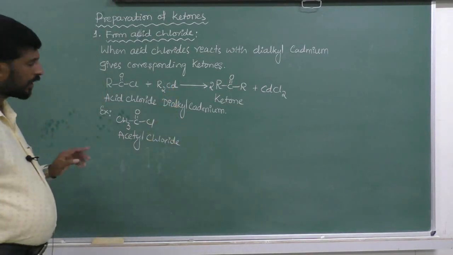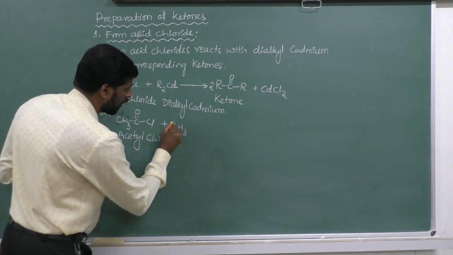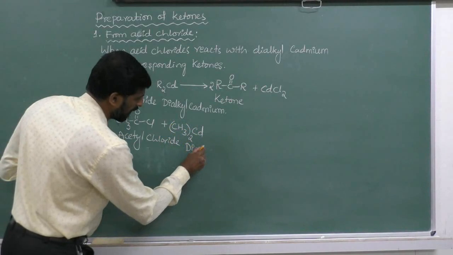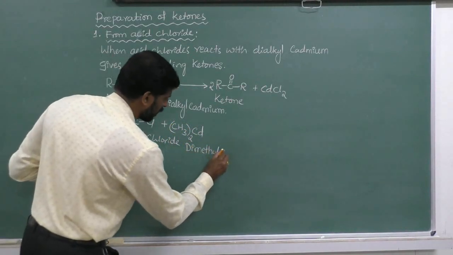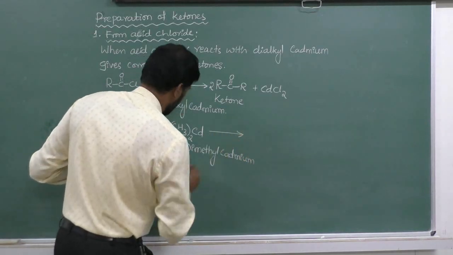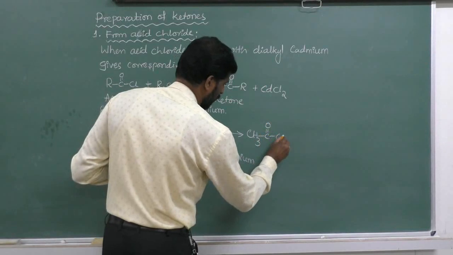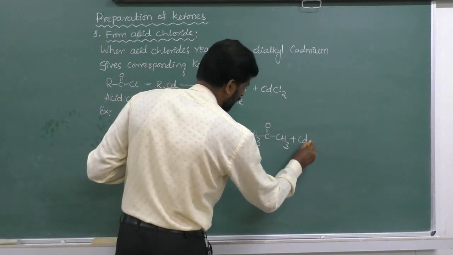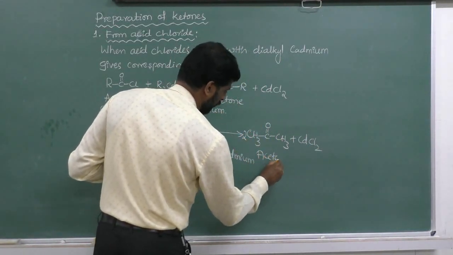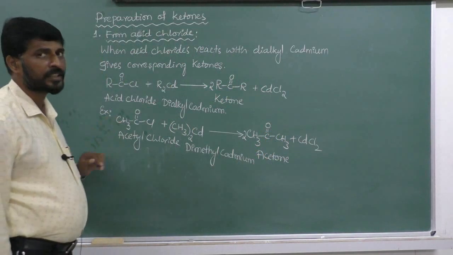Now, acetyl chloride reacts with dimethyl cadmium, which gives CH3COCH3 plus cadmium chloride, and this is nothing but acetone. Acetone is formed.